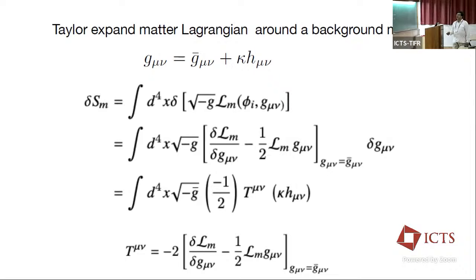So the derivative of the action is T mu nu, and this perturbation is kappa h mu nu. That tells you that the coupling of matter with gravitons is basically of the form kappa T mu nu h mu nu, where T mu nu is the stress tensor of the matter action. This is a universal coupling. It doesn't matter what form of matter it is, it always has to be the T mu nu which couples to the h mu nu.